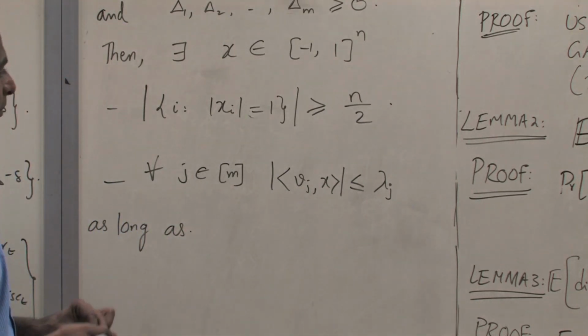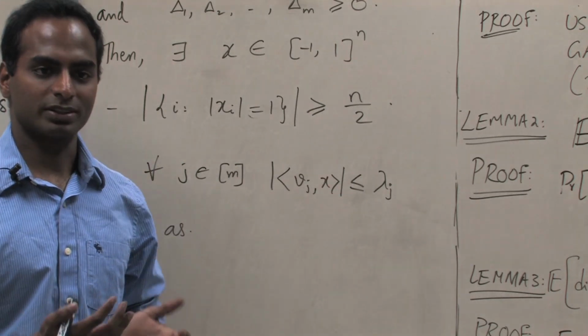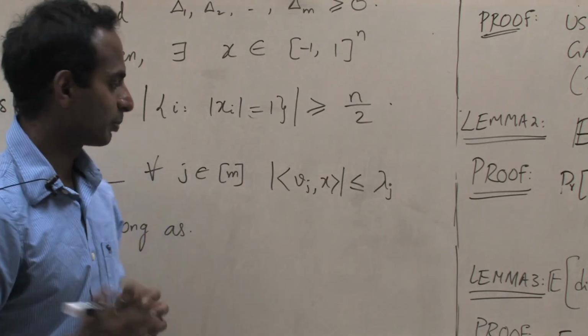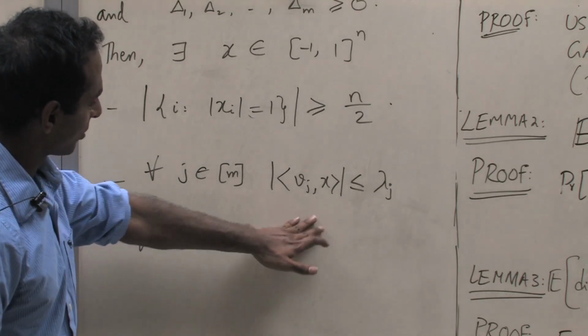I don't want to just put a blanket bound of square root n for every set. Some sets are more special than the others. So how do I enforce that?